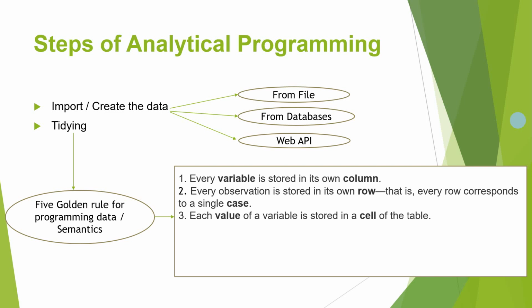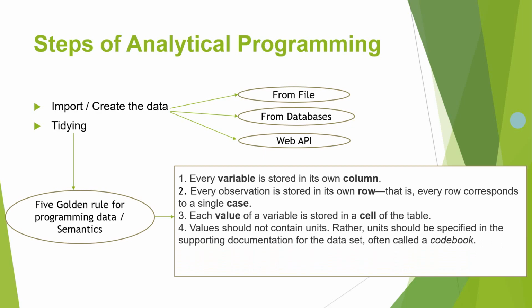If you store those details in different cells, then you are not following the tidying principle. You need to store all those things in one cell. This one cell will be called one data value.